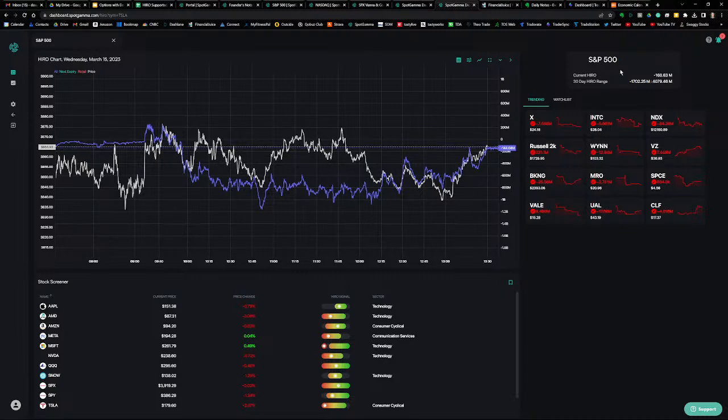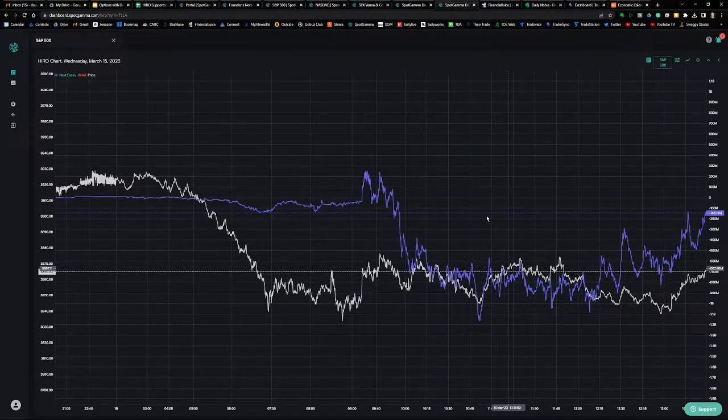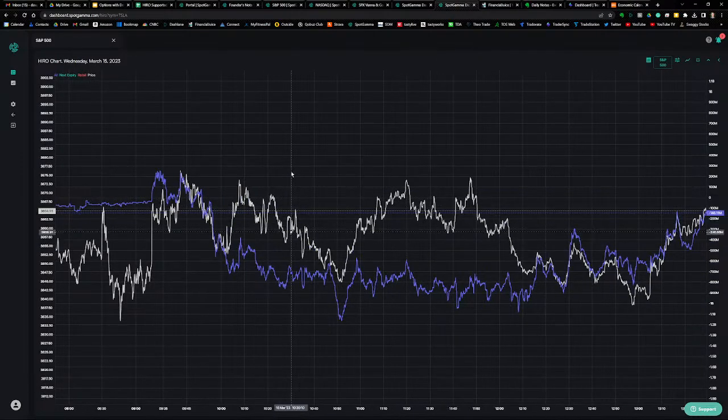Yesterday it was SPX plus SPY, and I assume this is the same thing today. This is a new symbol, new designation. Again, I'm at this point just assuming it's the same. So there is the S&P 500, and again, I'm assuming this is the combined signal for SPX plus SPY.